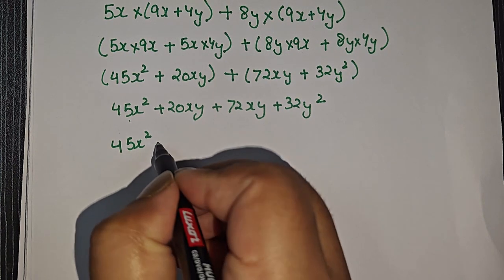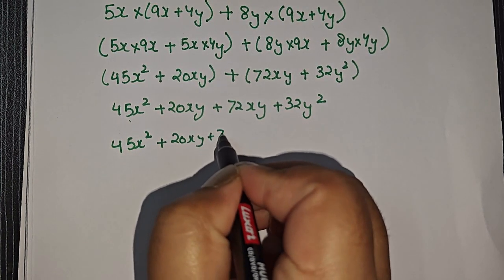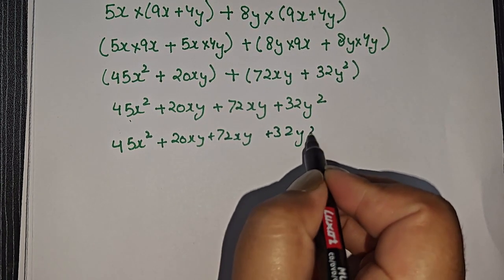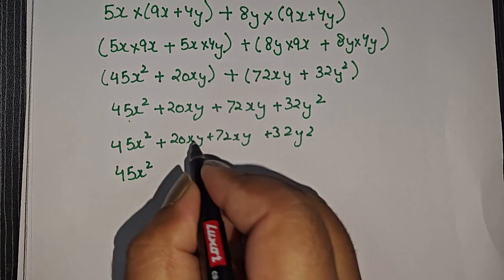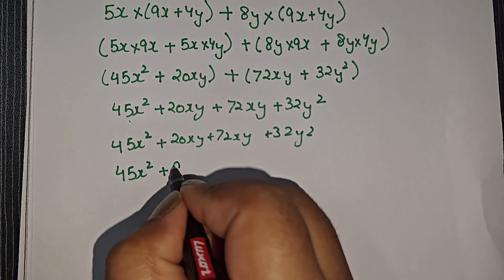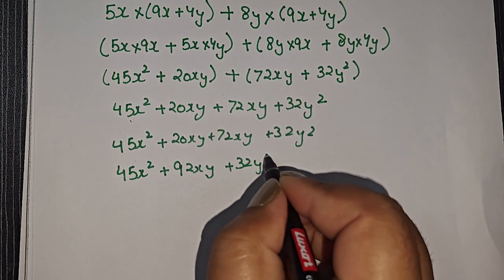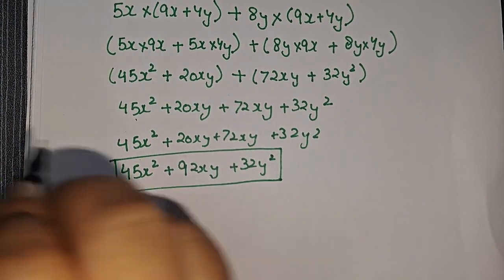So this one plus these two are together, and this is also there, correct? Now we can add them. So we have 45x square, 72 plus 20 will be 92xy plus 32y square. So this is your final answer.